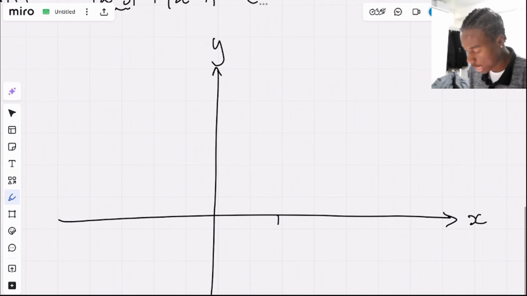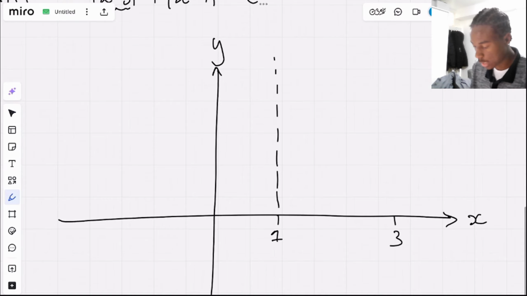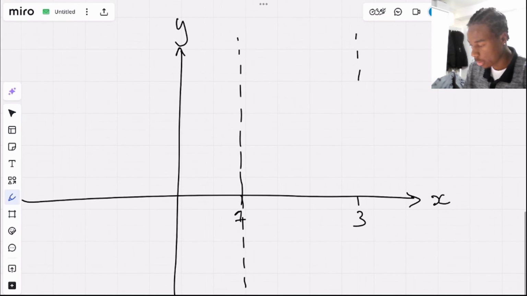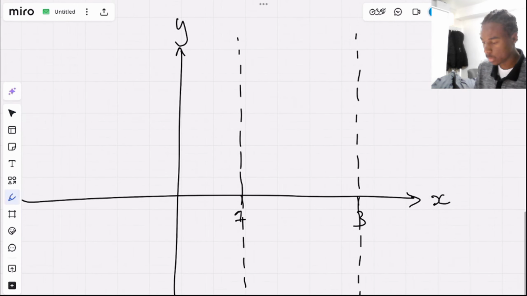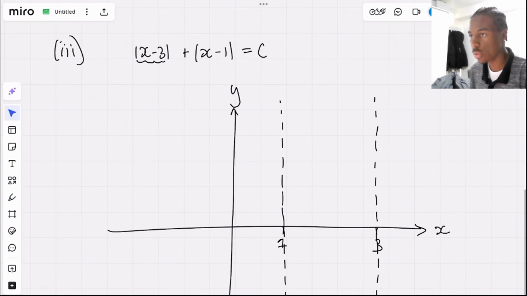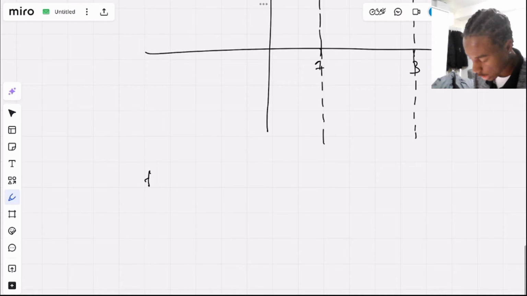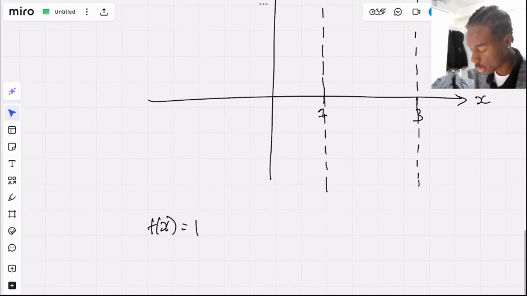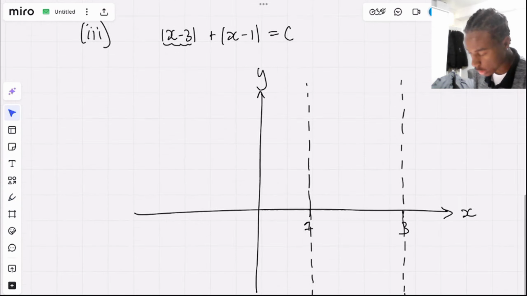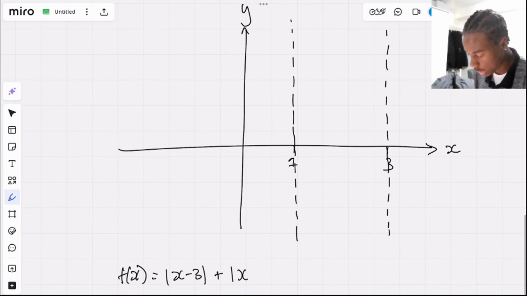I'm going to have when x equals 1, x equals 3. So when x is less than 1, when x is greater than 3, and when x is between 1 and 3. And we're going to investigate what's happening to, let's call our function f of x equals absolute value of x minus 3 plus absolute value of x minus 1.